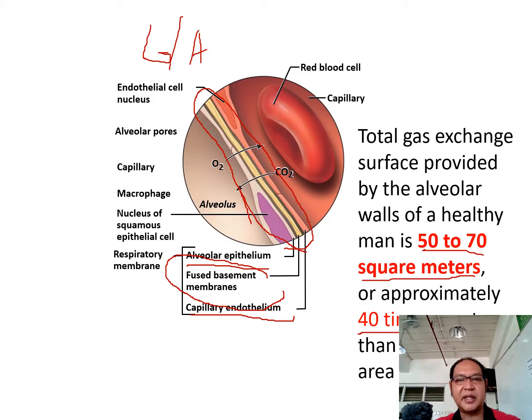So if you spread out the alveolar tissue, this is the size. So there is a wide area of gas exchange happening in the lungs. That is how wide the gas exchange area of the lungs is.